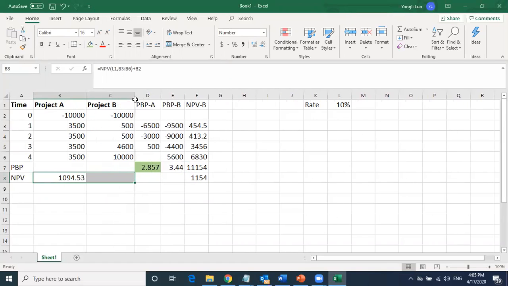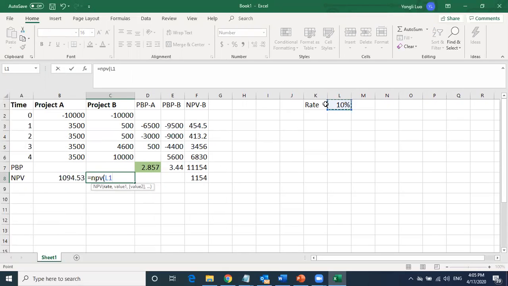For project A, the net present value is $1,094.85. And for project B, we can calculate the net present value with the NPV function, 10% rate, and you have the future cash flows, the positive cash flows, and you add the initial investment, which is negative.